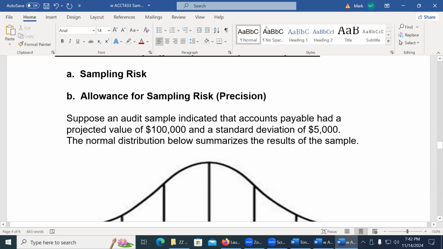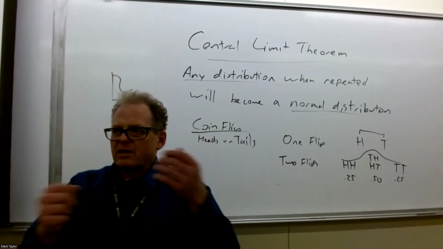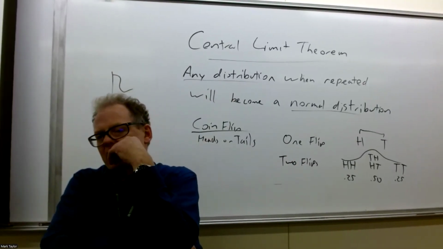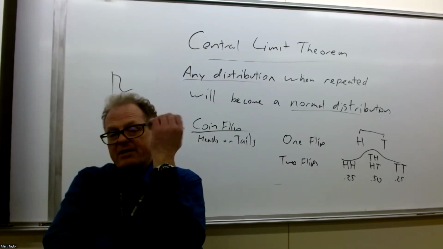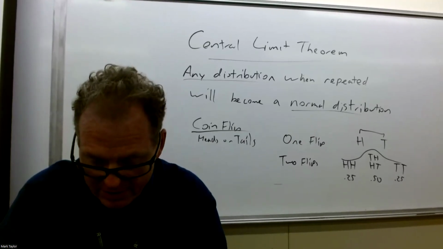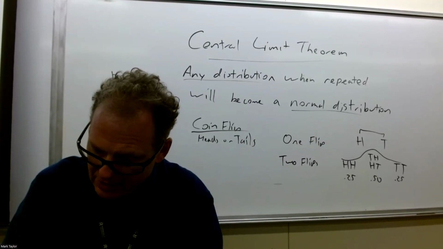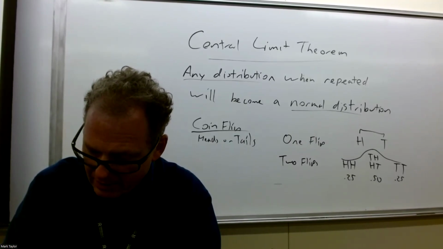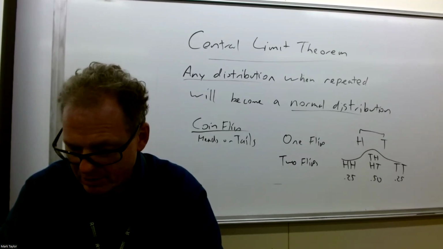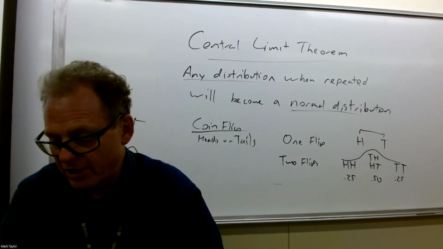And by the way, not to put too fine of a point on it, but if you audit to the 95% level, that means that 5% of the time you're going to be wrong. It has to be. If you're auditing at the 95% level, that means 1 out of every 20 tests that you do is going to be wrong. Now, if you come up with a problem with a sample, it's possible that it's just that 1 in 20 that we talked about that is wrong, and so you get a bigger sample.